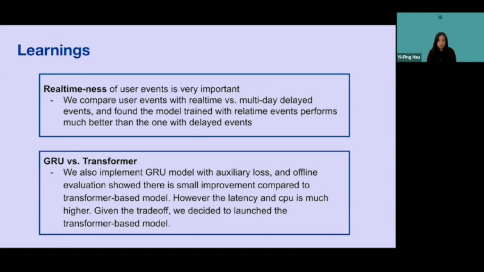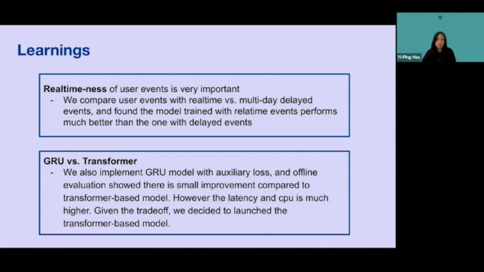Secondly, we also implemented a GRU model on the same set of sequence features. And from offline evaluation, the GRU model slightly outperformed the transformer model. So we once considered running A/B testing with the GRU model. But later we found that the latency and the CPU cost for this model are so much higher.